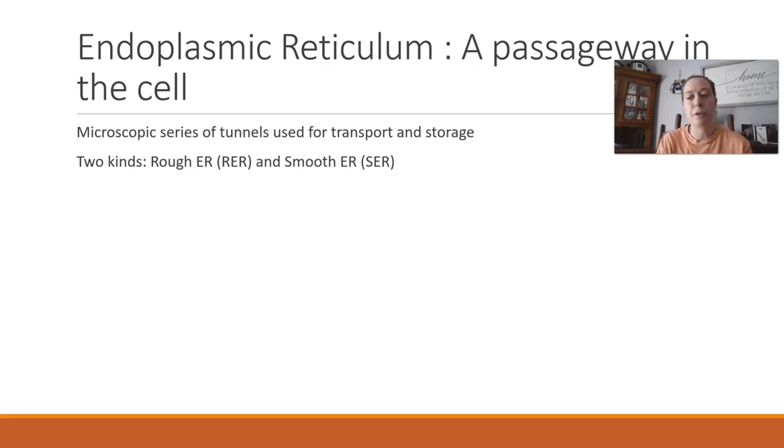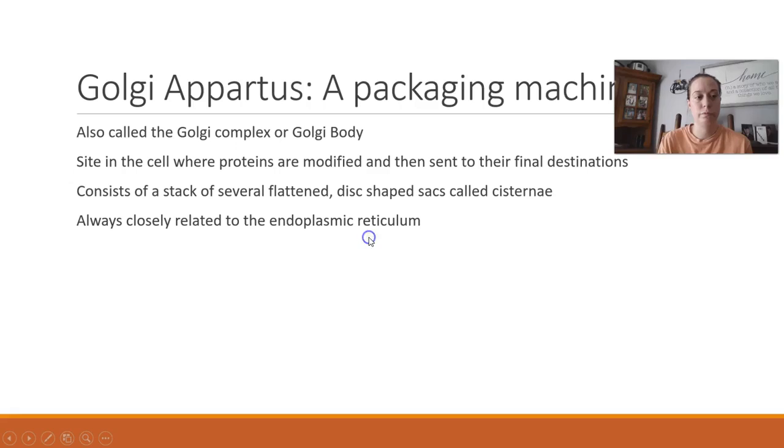The rough ER has ribosomes and, I'm sorry, I got that wrong earlier. The rough ER has ribosomes and helps make proteins. The smooth ER has no ribosomes and makes lipids and detoxifies.